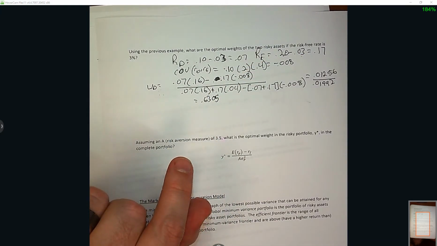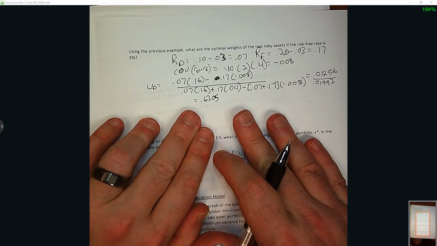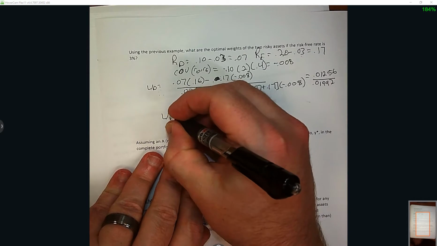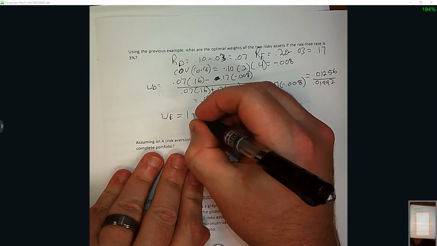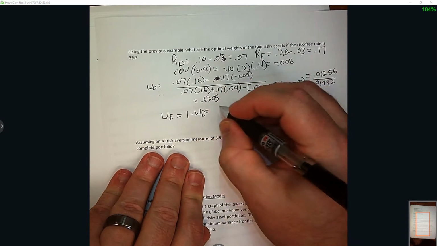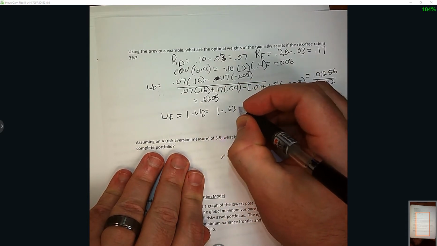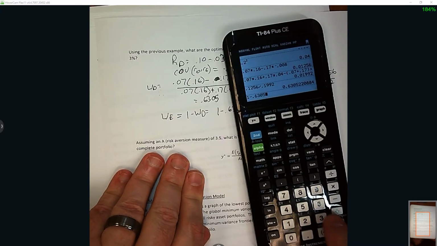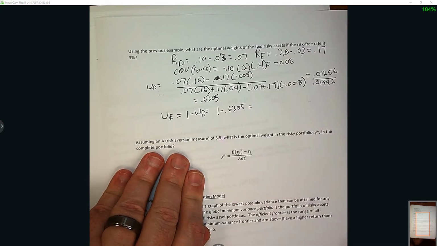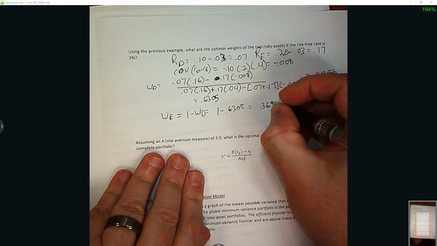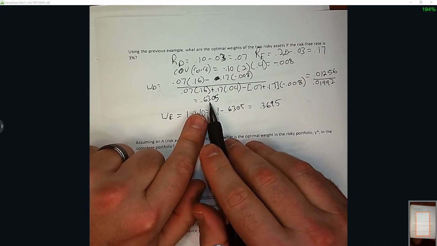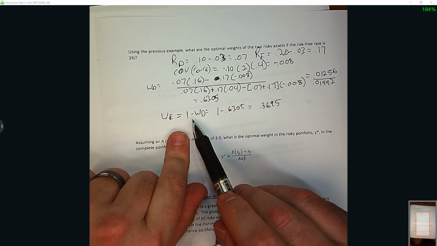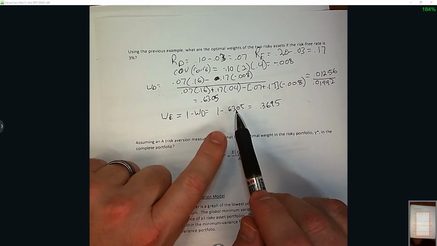Meaning that of our wealth, we're going to put 63.05% in the risky portfolio, and then the remainder, so WE is equal to 1 minus WD, so it's going to be equal to 1 minus 0.6305 is equal to 0.3695. So 63.05% of our wealth should go into asset D, and 36.95% of our wealth should go into asset E.